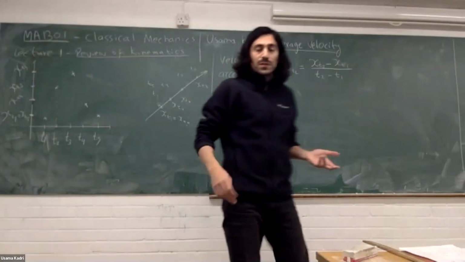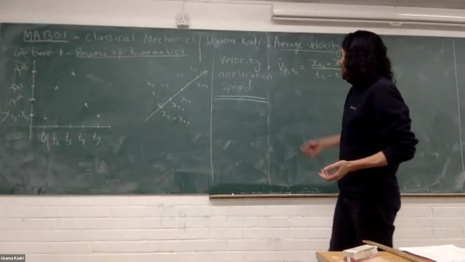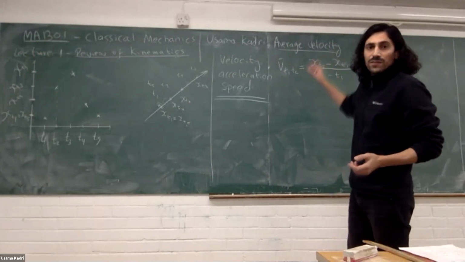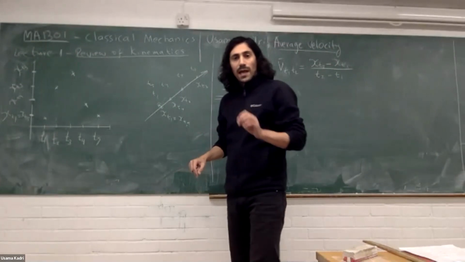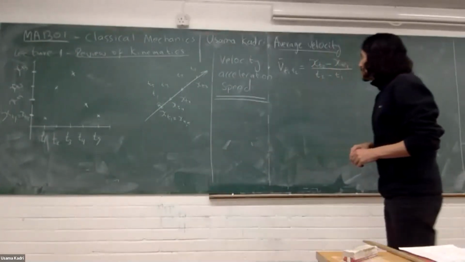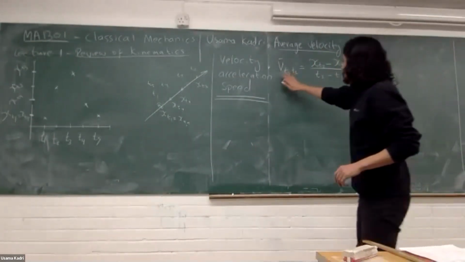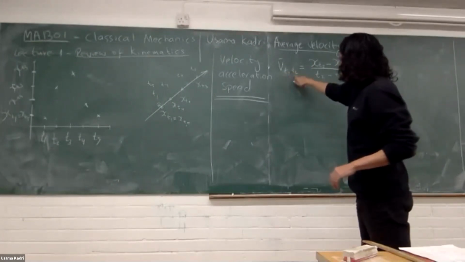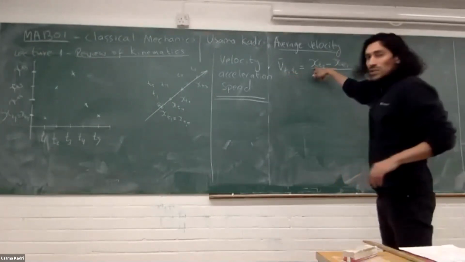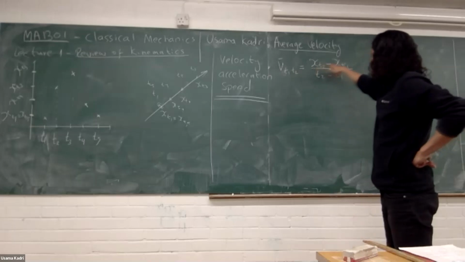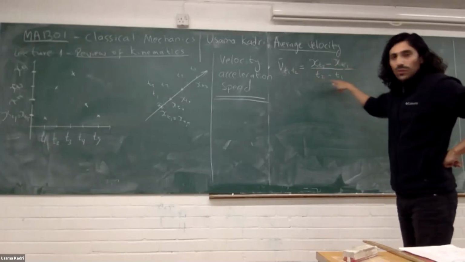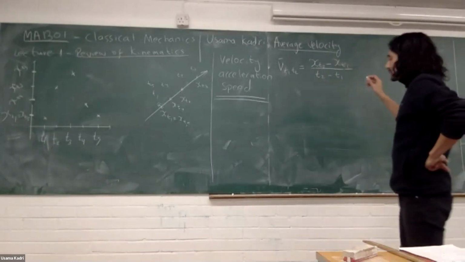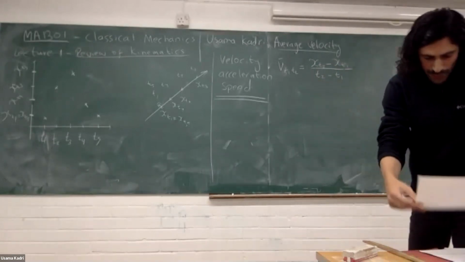If it's smaller than x of t1, then we will have a negative value here. And this is a main difference between velocity and the speed, which we're going to discuss today. So the velocity between t1 and t2 is the location at x of t2 minus the location of x of t1, divided by the times t2 minus t1. Okay, so far so good.